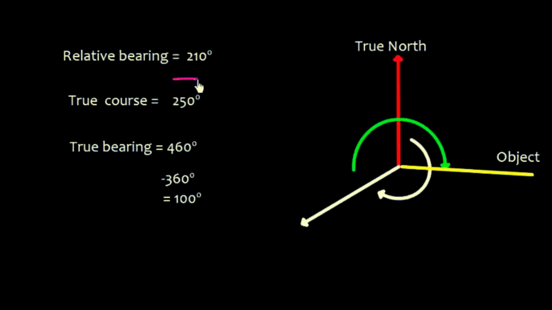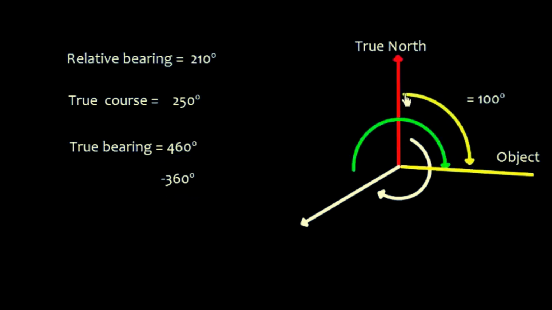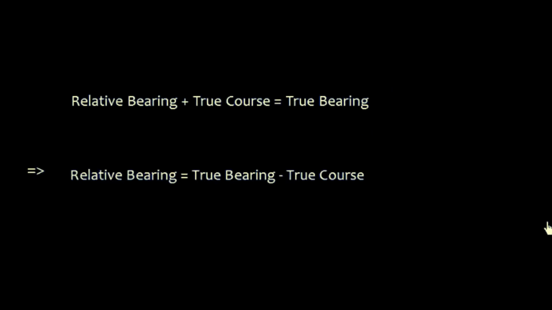Well, the true bearing is going to be the sum of that, 210 plus 250, that is 460. However, we need to subtract 360 degree. So the true bearing is from here to here, which is 100 degree. So this one is 100 degree, this one 100 degree.